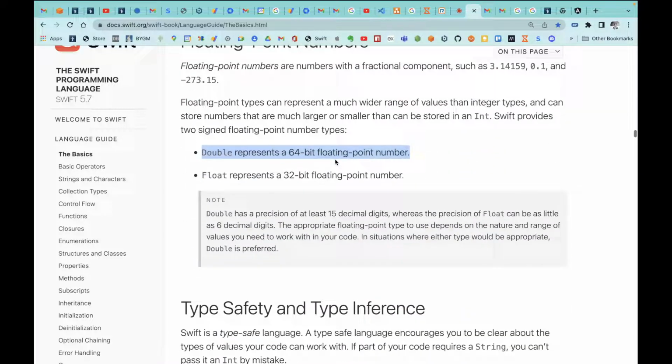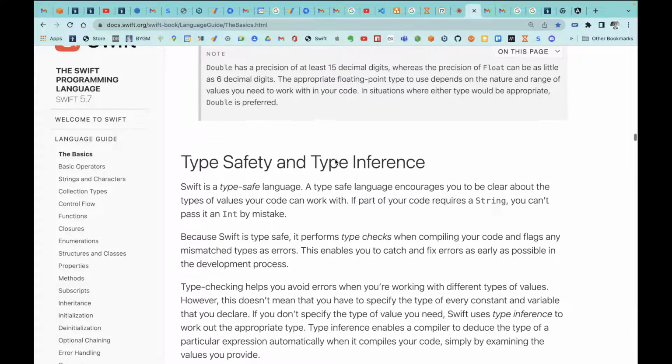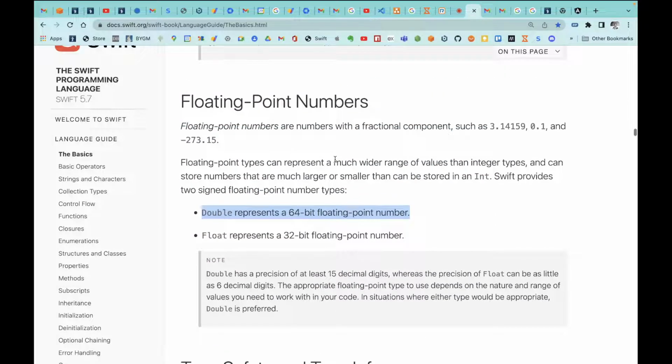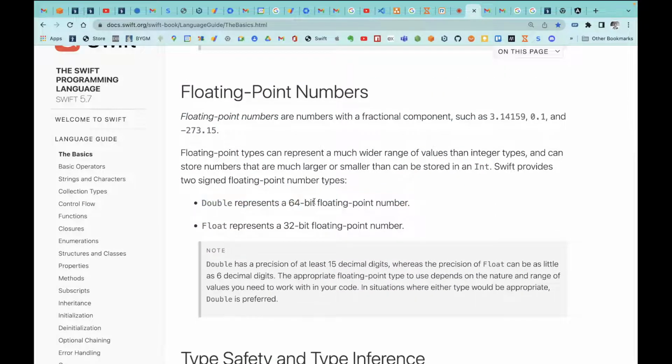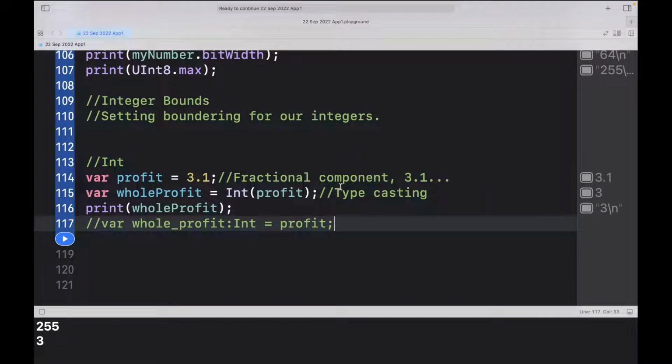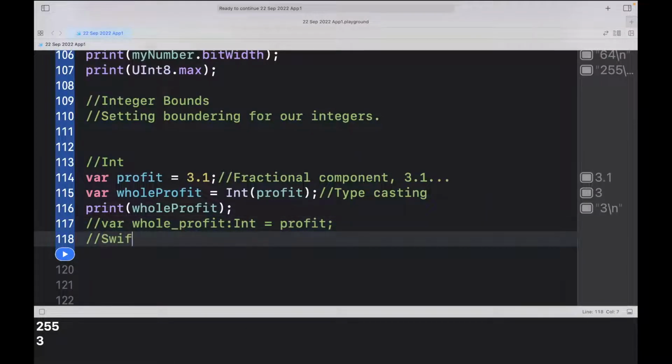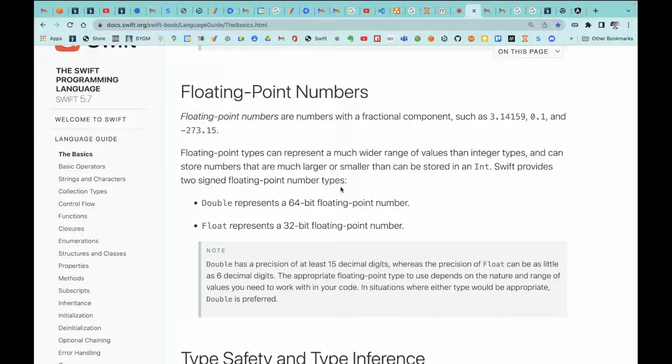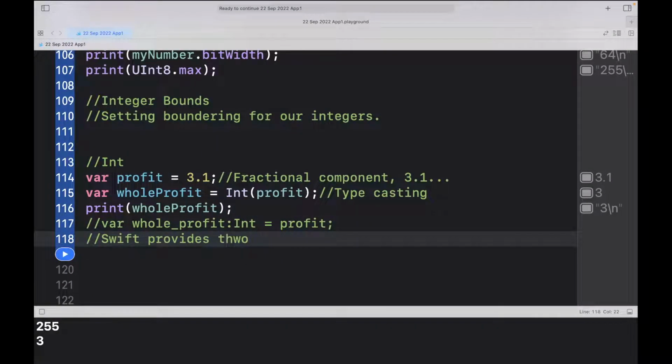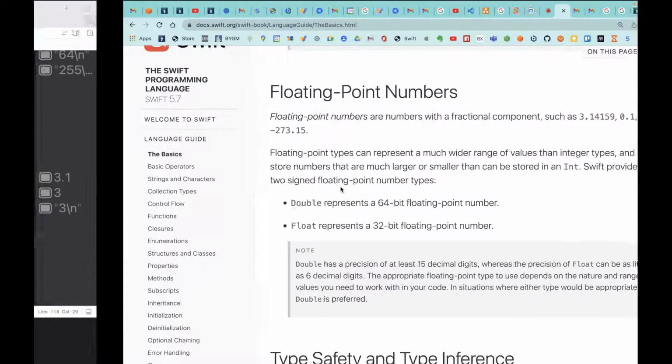But what I'm seeing here is two signed floating point numbers. Let me write it down here. I'm trying to type smoothly, because I've noticed that it tends to get louder as I type.